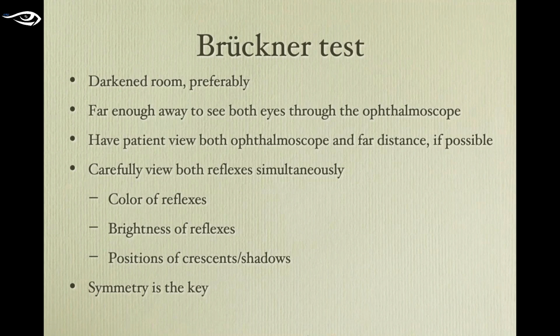The idea is if a child looks at a far distant object, what happens to the pupil compared to when the child is looking at a near object? Well, quite obviously, you are affecting pupil size. Child looks at near, convergence, meiosis, and accommodation are occurring. The meiosis is the important part.